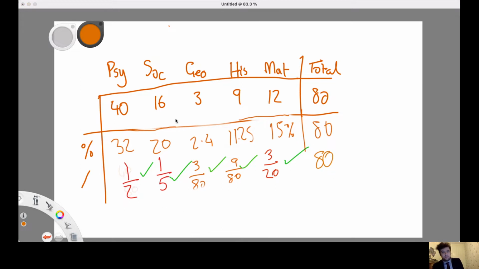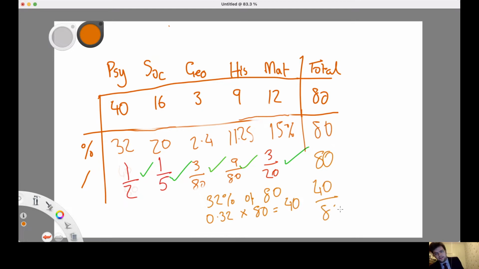And just to get back the other way, we just go in reverse. So you know you've got 32% of 80. So we know if we divide by 100, we get 0.32. So we just do 0.32 times 80 equals 40.